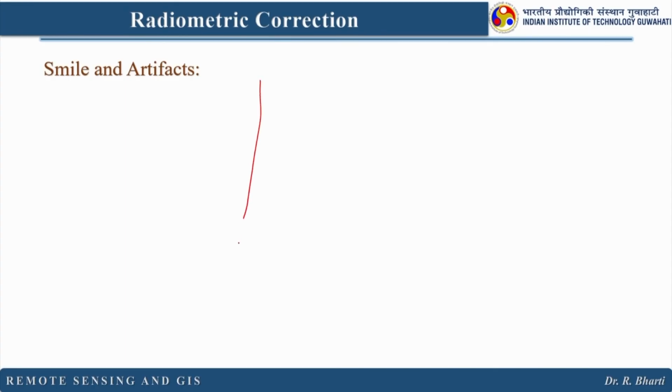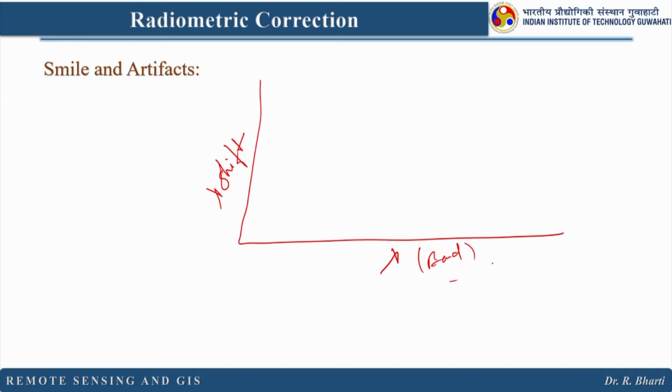So if you see the corrected spectra, and this is the wavelength shift, right. So this will be the wavelength shift, and here you have wavelength, or maybe let us call it band. So you will find there is a 5, 10, 15 nanometer shift. This is not the measured spectra. Here we have plotted the shift with respect to different bands.